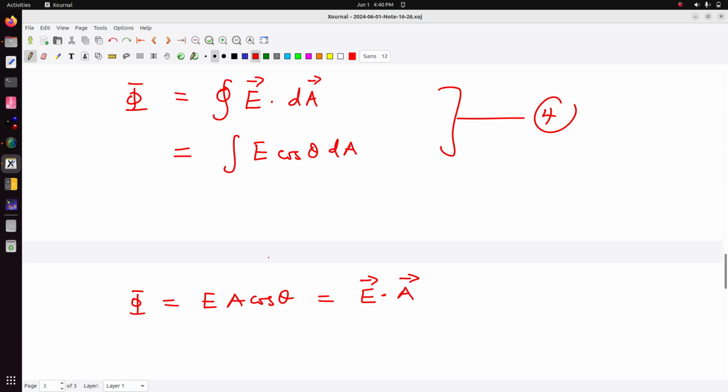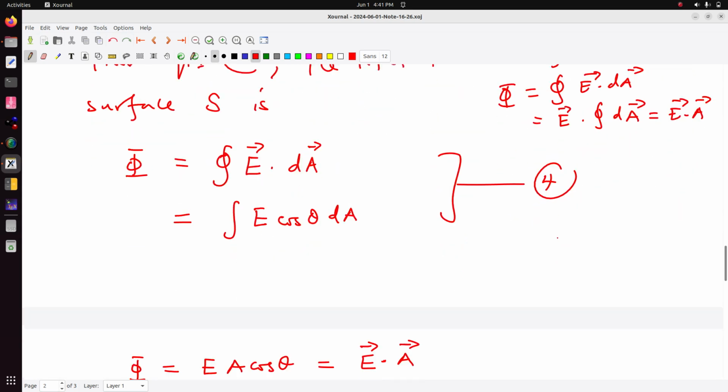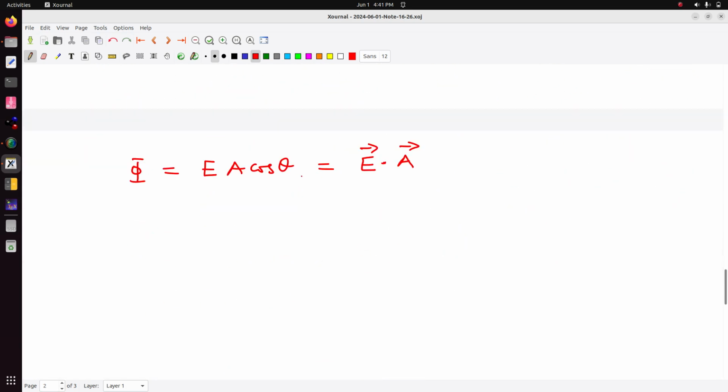Then from this equation 4, we have capital letter phi equals the closed integral of E dot dA. Then if E is a constant, we can bring E outside, then the integral of dA, and this can be E dot the vector A. So phi can be E dot A or EA cos theta.